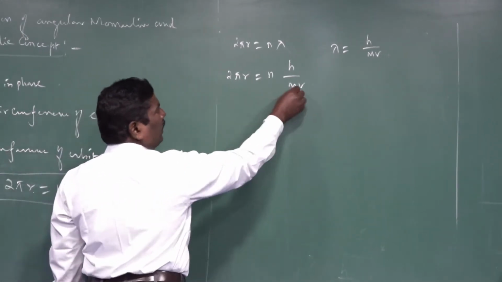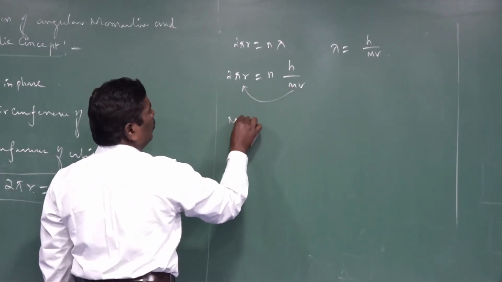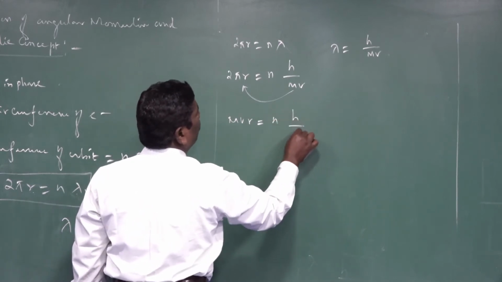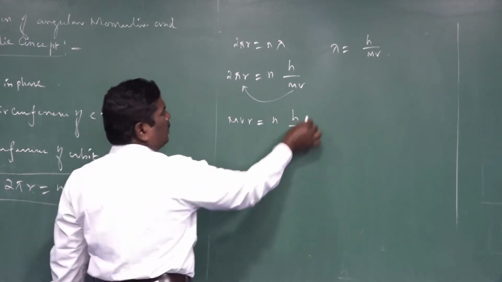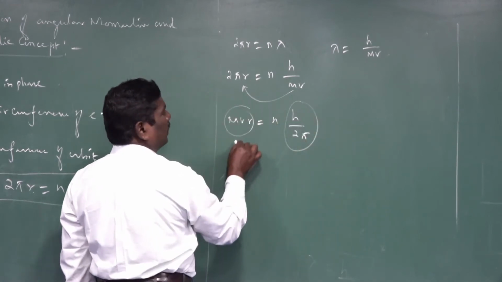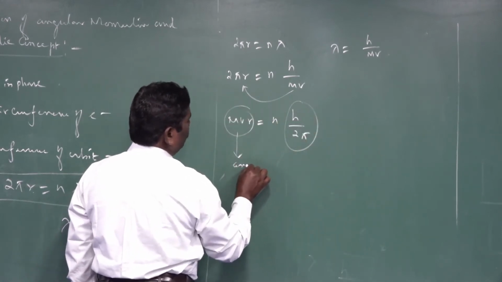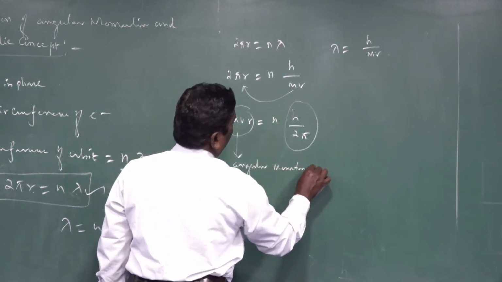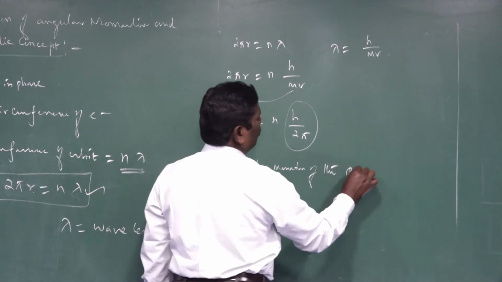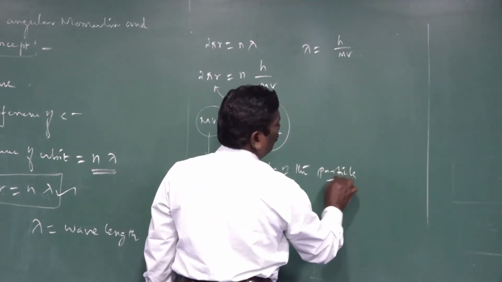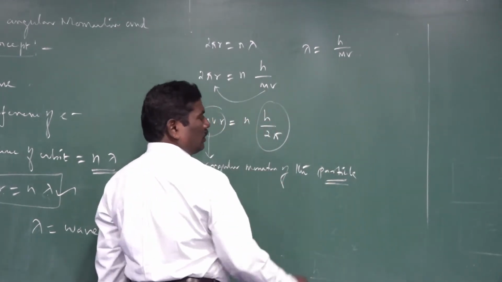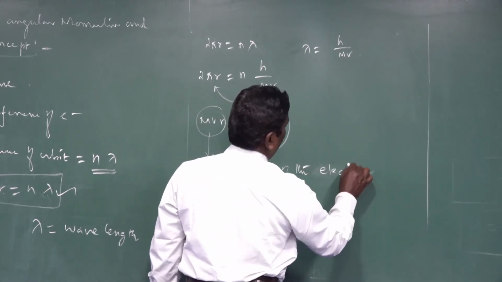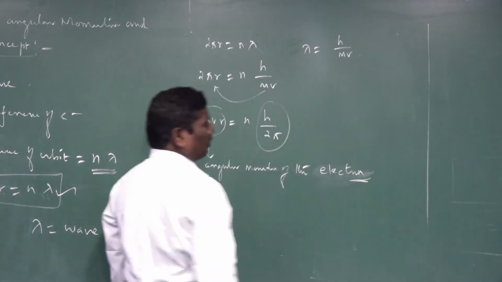So mvr is equal to n into h by 2 pi. This is nothing but the angular momentum of the electrons.